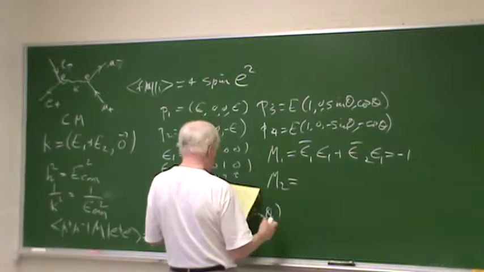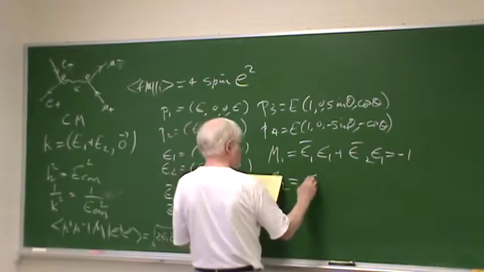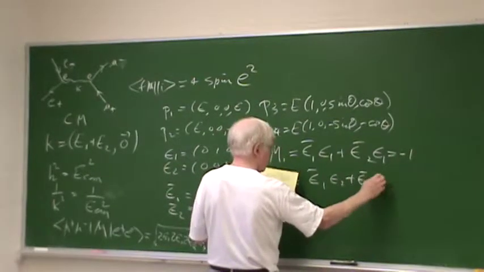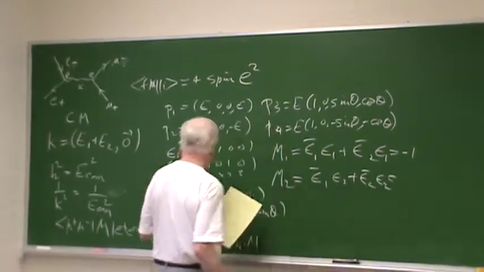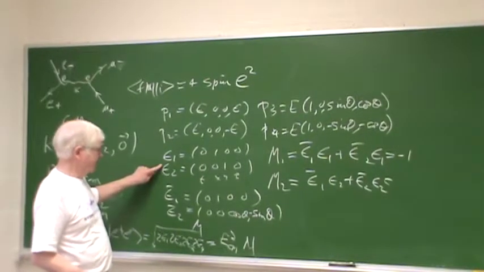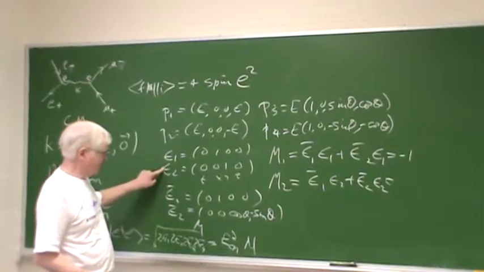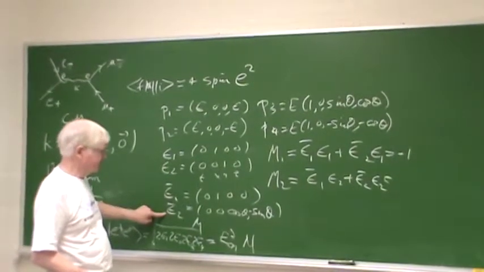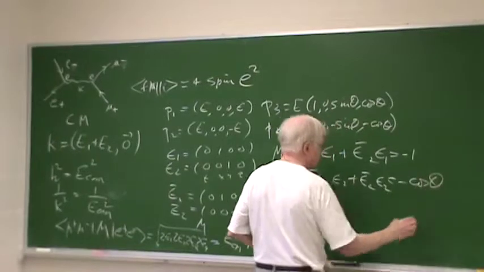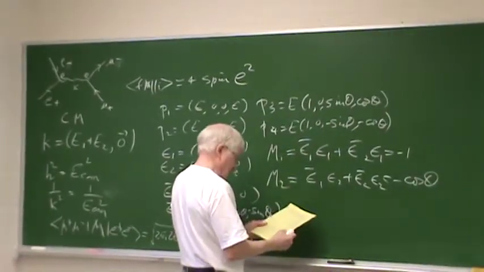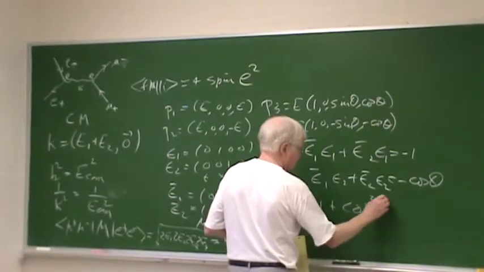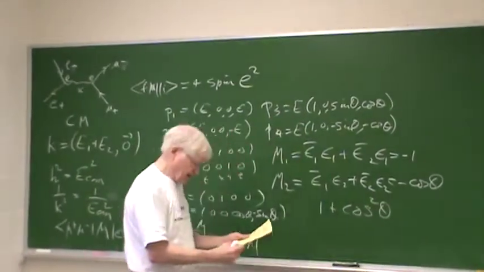And 2, on the other hand, is epsilon 1 bar, epsilon 2 plus epsilon 2 bar, epsilon 2. Epsilon 2 into epsilon 1 bar is 0. Epsilon 2 into epsilon 2 bar is cosine theta, and with the minus sign, this is minus cosine theta.